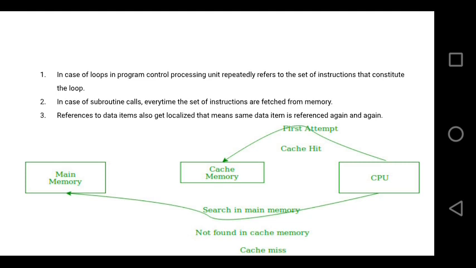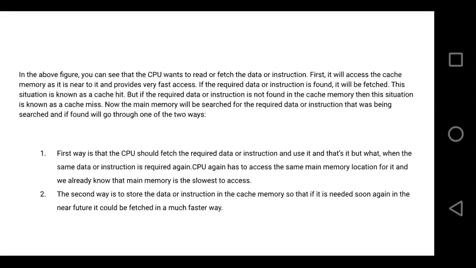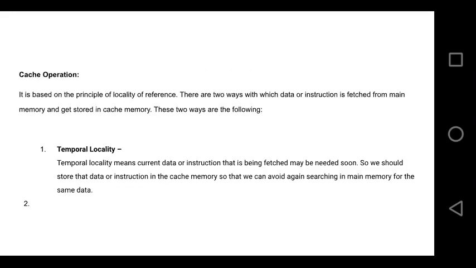The second way is to store the data and instructions in the cache memory, so that if it is needed again in the near future, it could be fetched in a much faster way. Examples are loops and subroutine calls. So the cache operation is based on the principle of locality of reference.